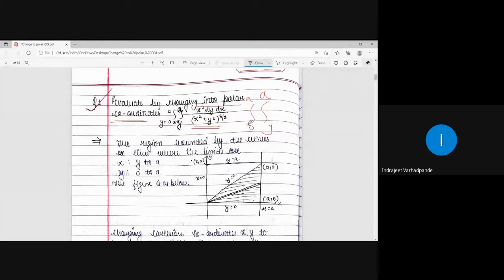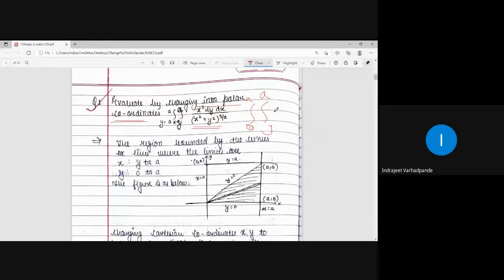Now, these are the limits for the given problem. Don't look at the integrand, just concentrate on the limits. One limit is 0 to a, another limit is y to a. This means one pair of limits is constant, the other pair is variable. If both pairs of limits are constant, not to worry, the region will be bounded appropriately and the strip can be drawn.